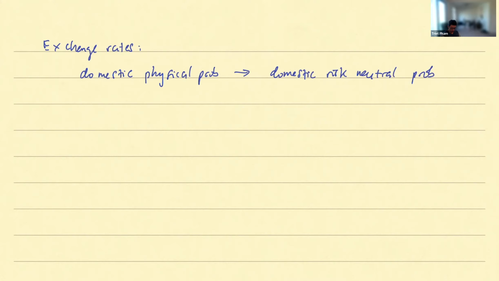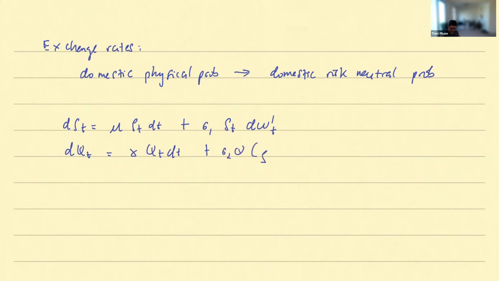The first part is about the two Brownian motions, or rather three. S_t follows mu S_t dt plus sigma 1 S_t dW1_t. dQ_t is gamma Q_t dt plus sigma 2 Q_t times rho dW1 plus square root of 1 minus rho squared dW2.